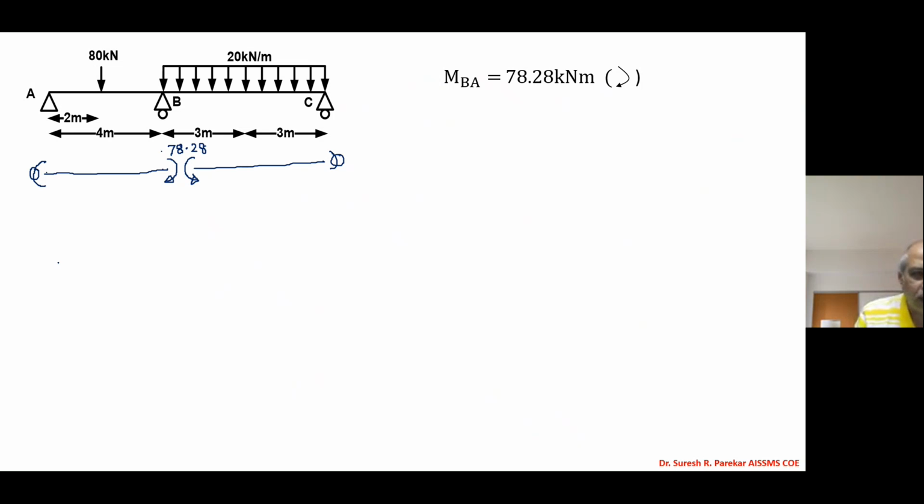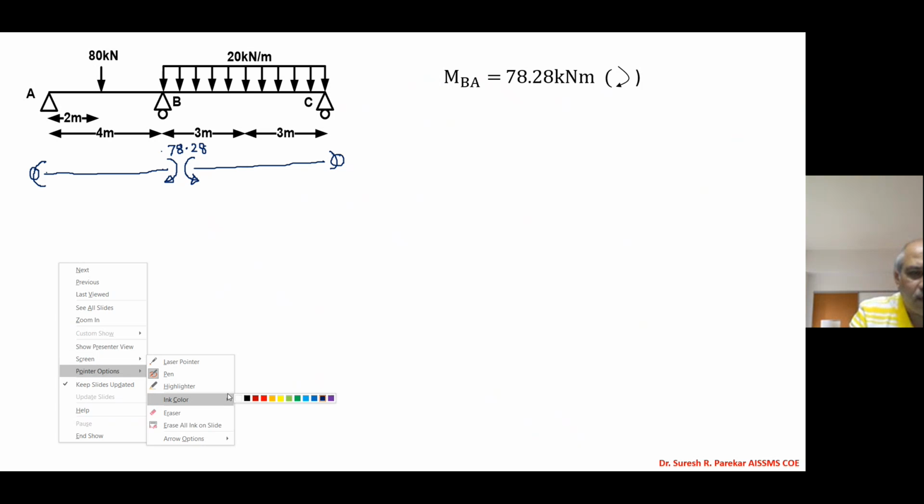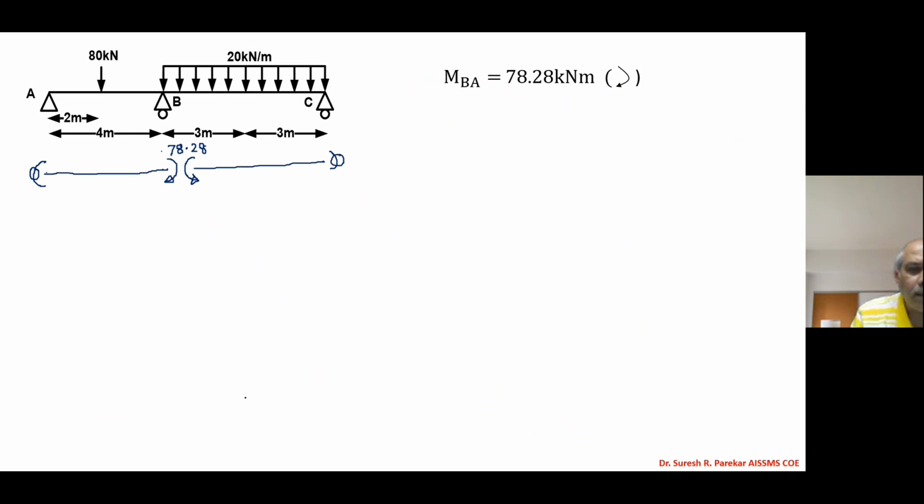So now we will draw the diagram. First we will draw the BMD due to final moments. So we will go for this. This will be 78.28, and 0 at both ends.